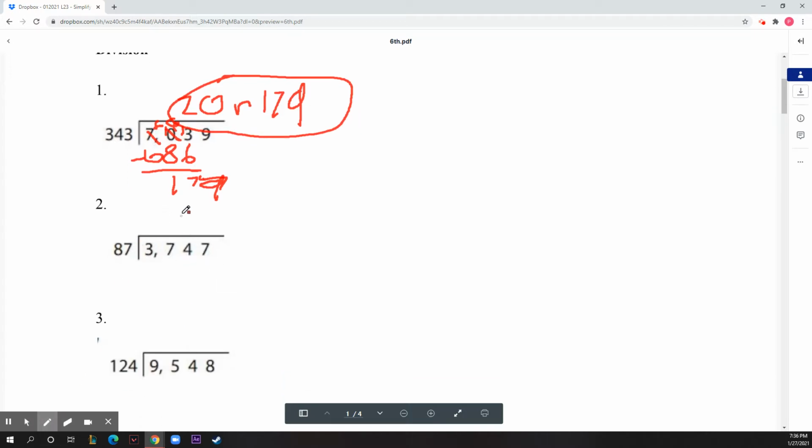Number 2 is basically just the same thing. 87 and 374, that would be a 4. 348, which would be 6 and 14, 6, 267, 3, 4 to 264.